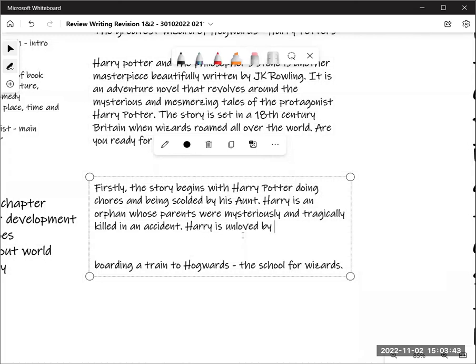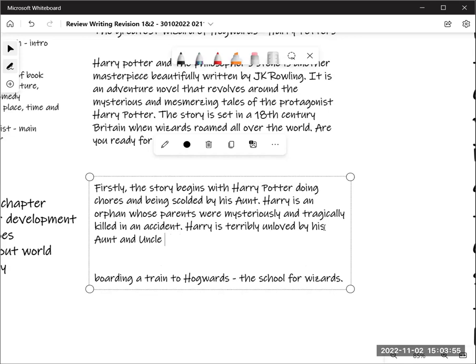Let's add another adjective here. Terribly unloved by his aunt and uncle, and put a comma here. And constantly mocked by his friends.